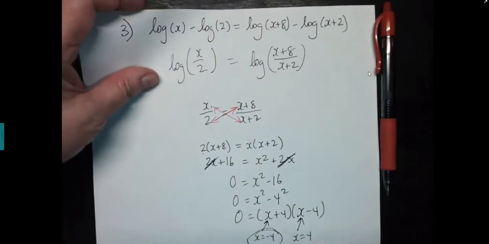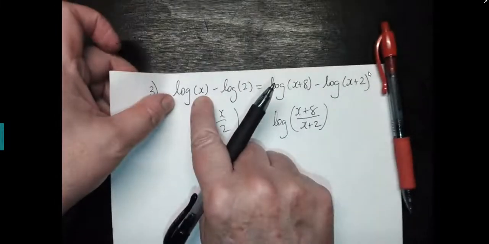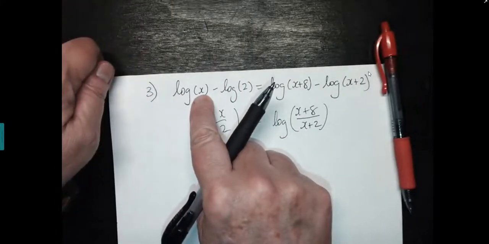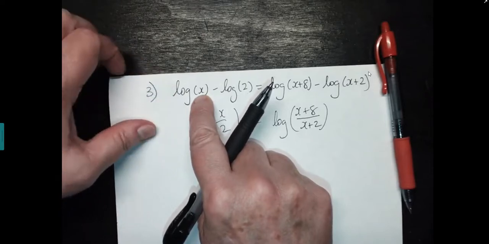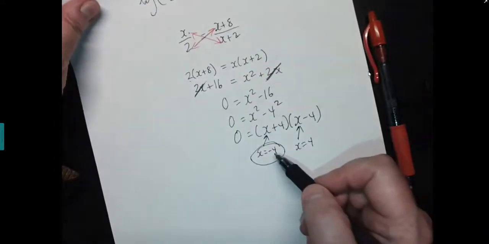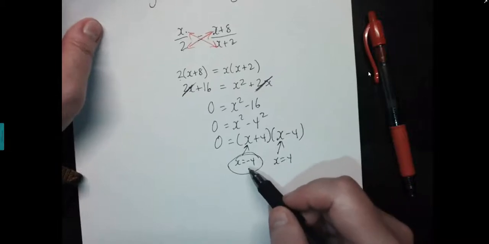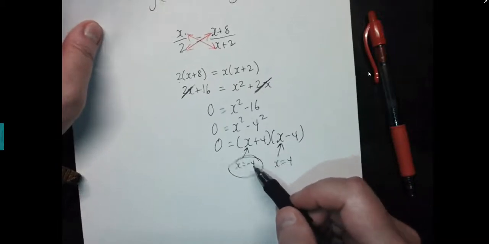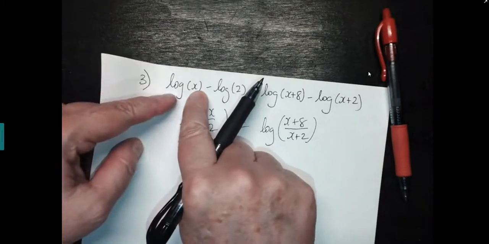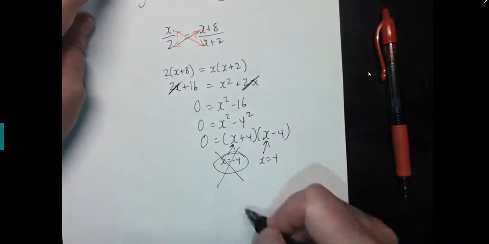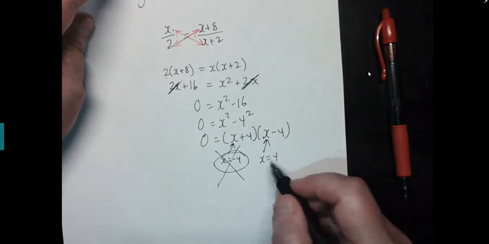If I look at x equals -4, right there, if I plug in -4 into there, I'm taking the logarithm of something negative. So that's why I'm rejecting it. Not because x is a negative number per se. It's when I plug it into the original equation, I end up taking the logarithm of something negative. So that's extraneous.